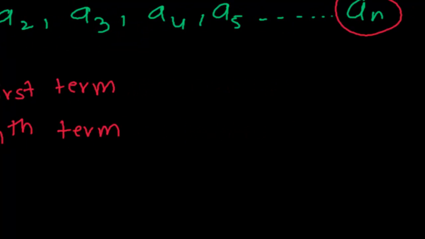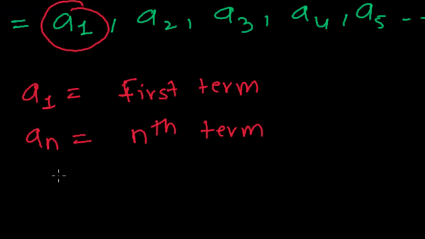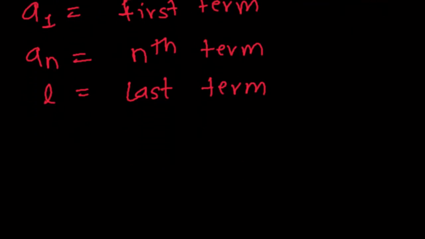And it goes on, and suppose it is ending at L, the last point is L, so we say L is the last term. And the difference between any 2 consecutive points, D denotes the difference, okay?